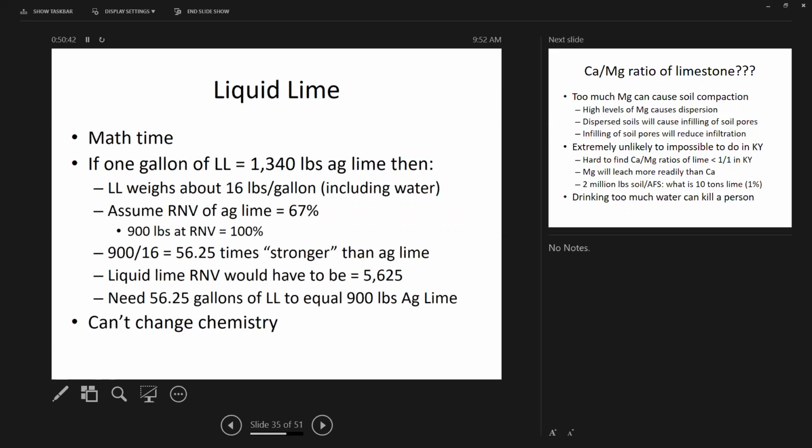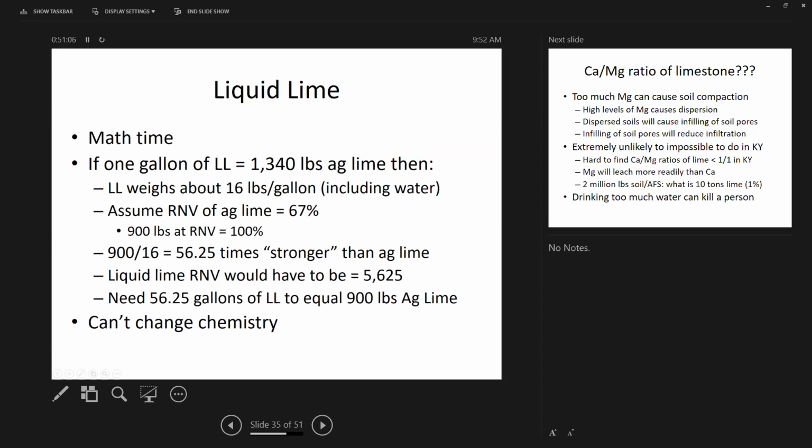That's their number. We're going to assume the average ag lime has an R&V of 67. That's not far off. If we convert this over to 1 ton, that means I have 900 pounds of liming ability at 100% R&V.